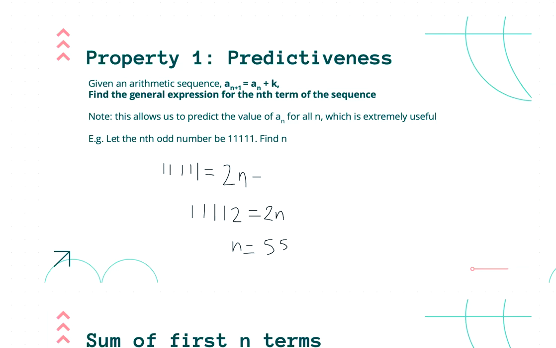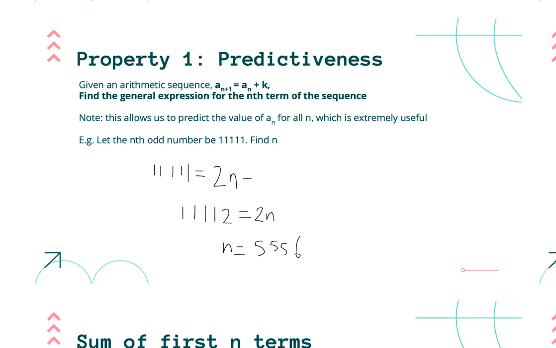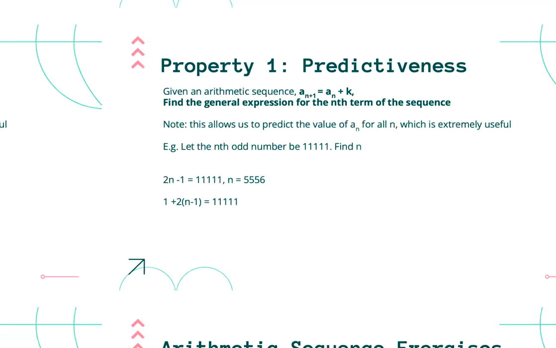So now we know that 11,111 is the 5,556th odd number. Yeah, it's approximately half, because we are alternating between odd and even, so it's close to half. Okay, so we got that right.